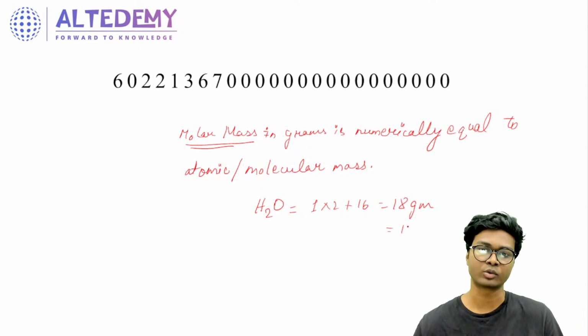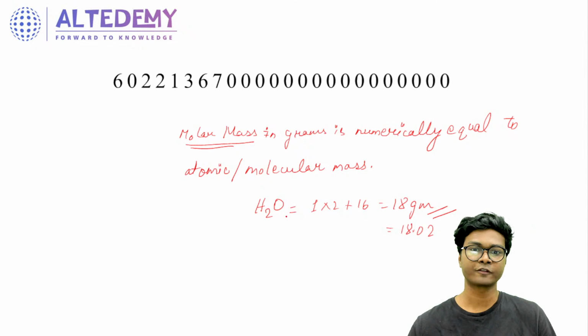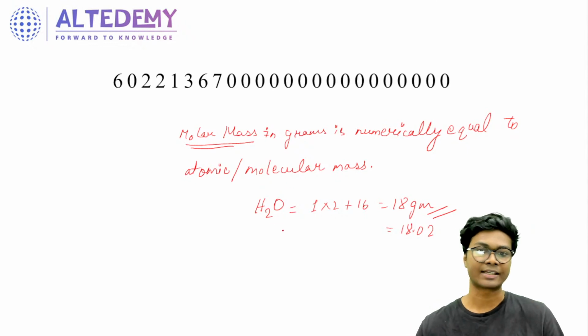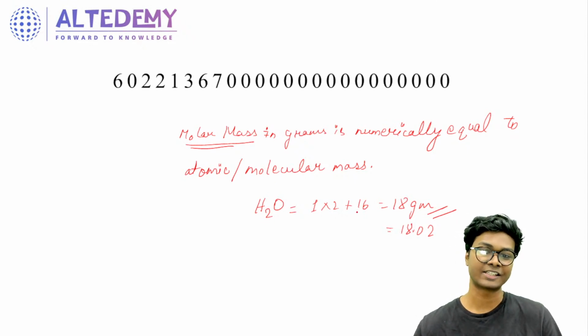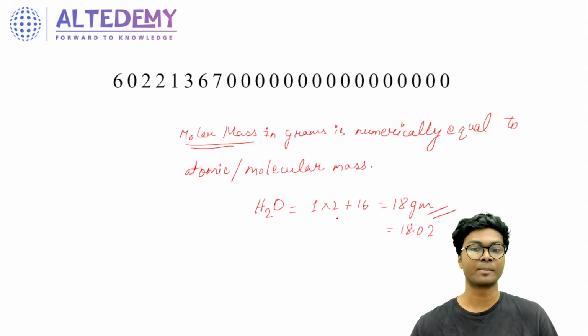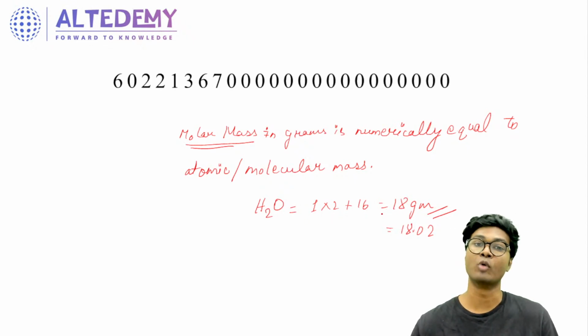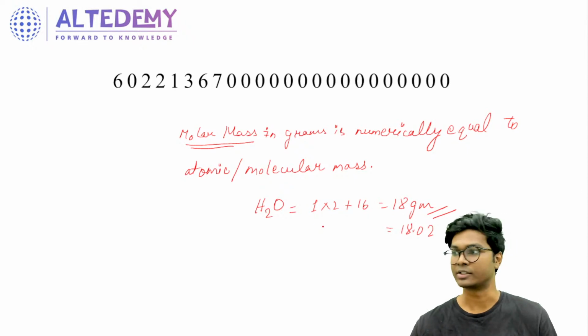Actually, it goes to 18.02, but for calculations, we use 18 grams. So this is the molar mass of any molecule or atom, which is always equal to the molecular mass. The molecular mass of H2O we have found out is 1 times 2 plus 16, which is 18. So the molecular mass of H2O is 18, and the molar mass of H2O is also 18.